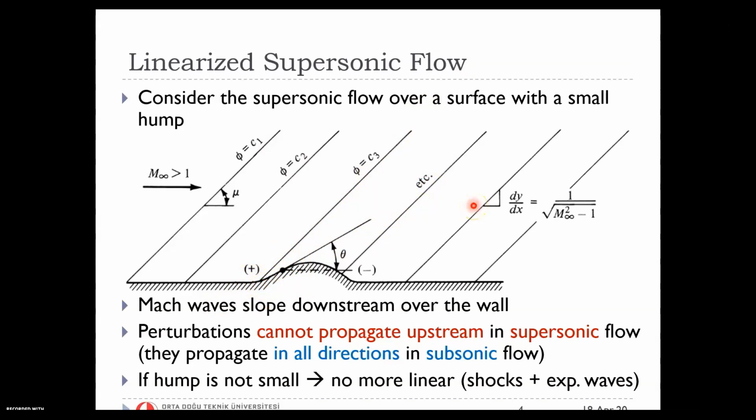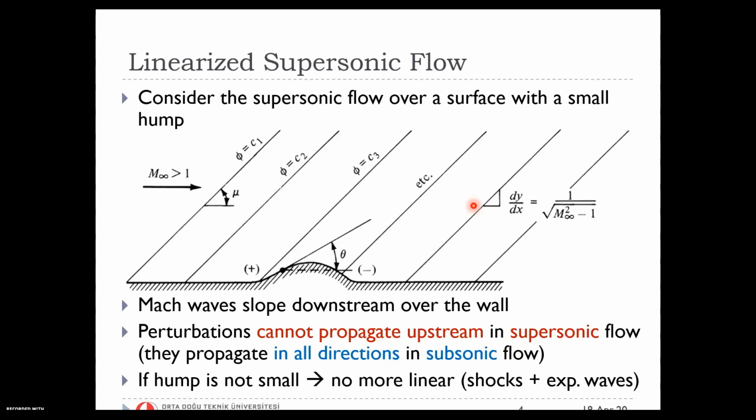Of course, this is a linear theory, and I need to tell you that this solution is only valid if the hump is small, which means that your flow deviation angle theta is small.